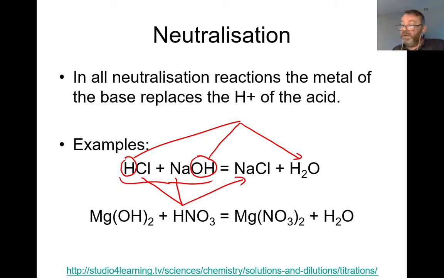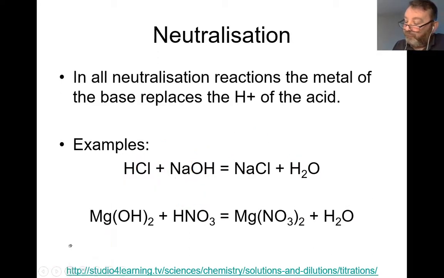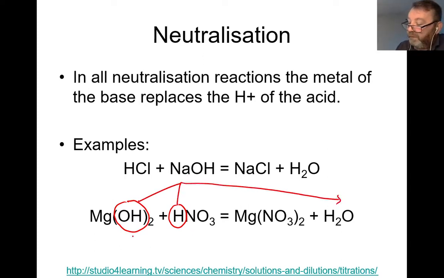What about this one? Mg(OH)2 plus HNO3 gives Mg(NO3)2 and H2O. Now here's what I would suggest. Watch carefully. The hydrogen and the OH are needed to form water. There we go. Now what's left? Mg and NO3.